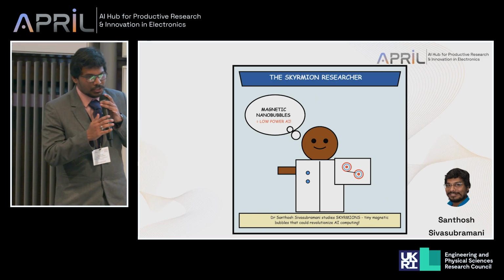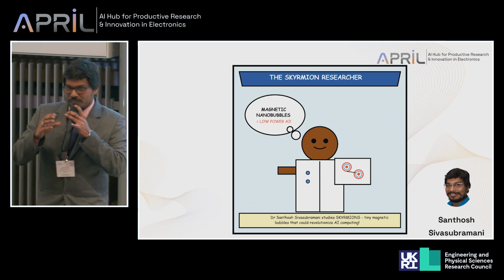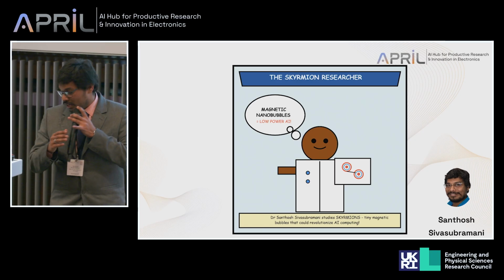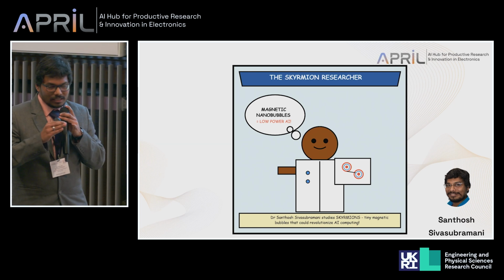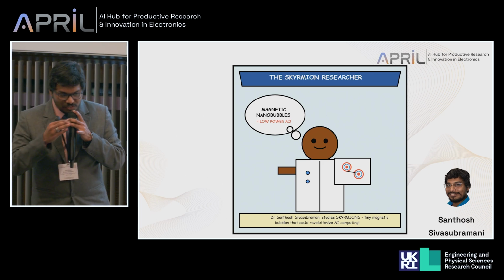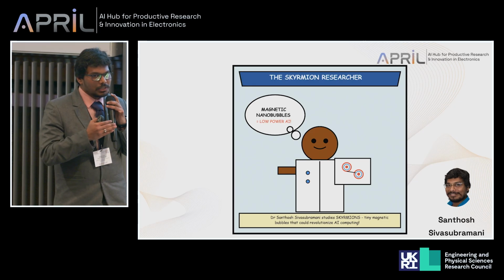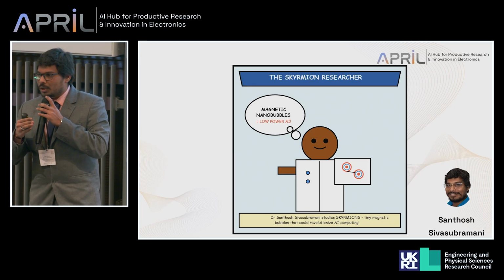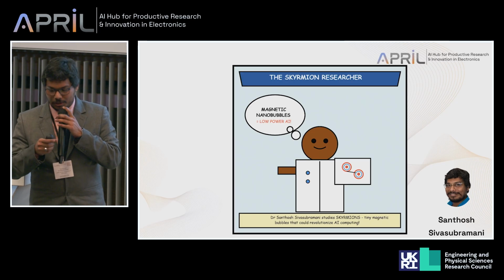In Spintronics, we have been focusing on Skyrmions, which I will introduce in a short while. This is a next generation technology which we think could become mainstream and do conventional information processing in a more energy efficient and compact way.